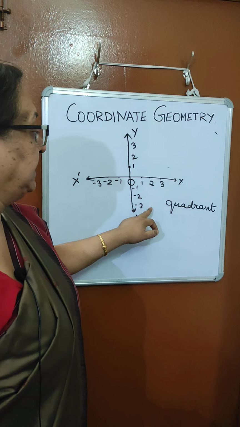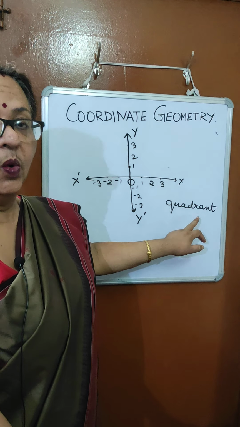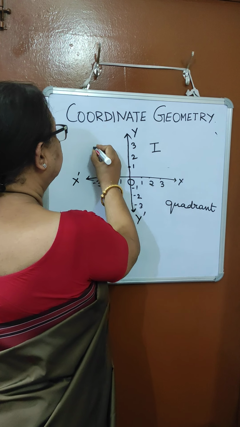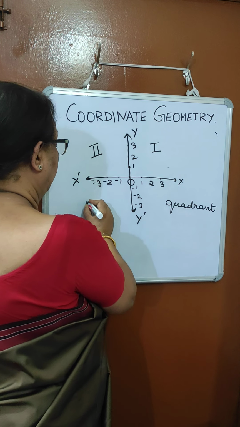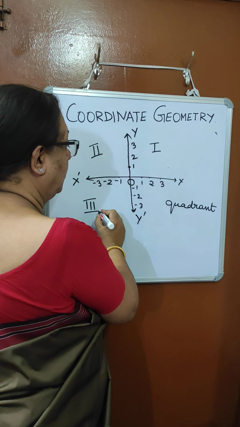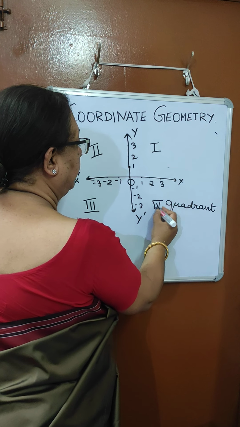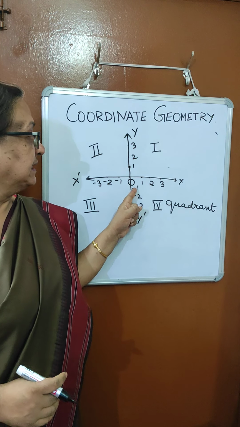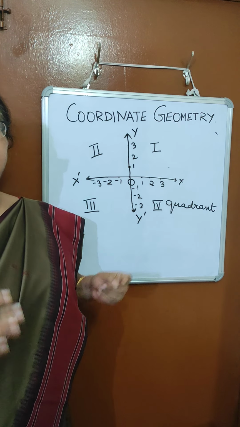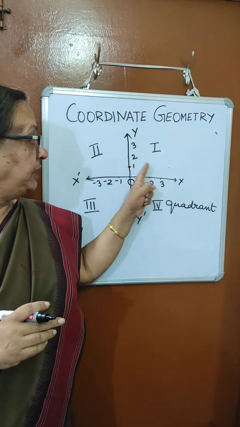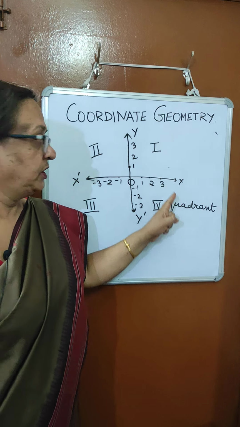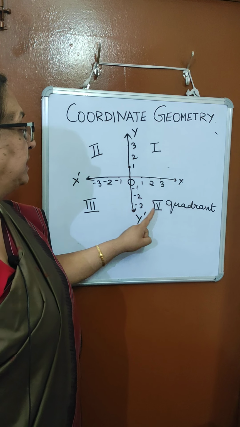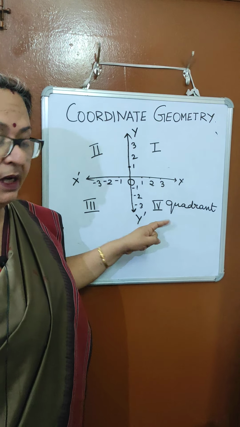Four parts you can see, each part is called a quadrant. This one is the first quadrant, this is the second one, this is the third one, this is the fourth one. So the 2 axes divide the plane into 4 parts. Each part is called a quadrant: first quadrant, second quadrant, third quadrant and fourth quadrant.